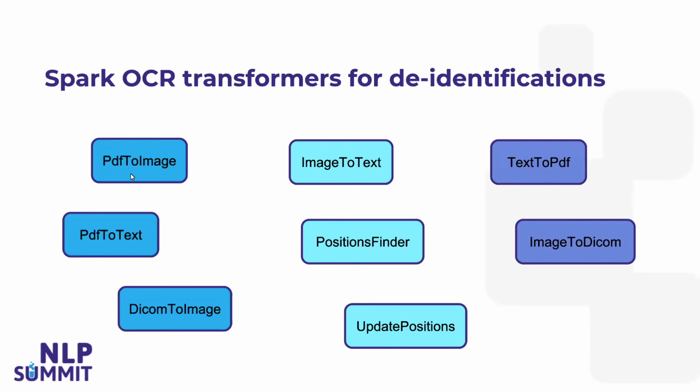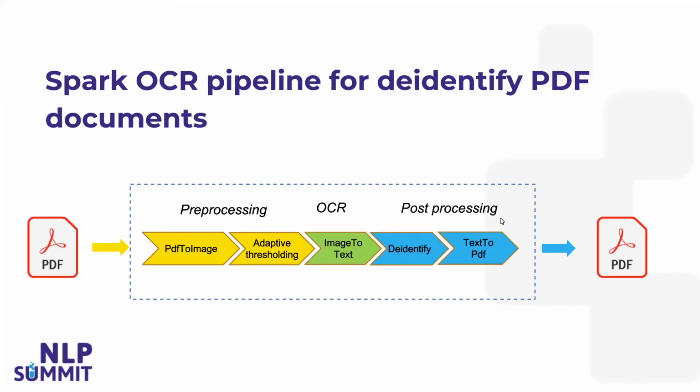So we have PDF to image, PDF to text, DICOM to image, and image to text for recognizing text. Then positions finder and update positions are utility transformers for de-identification, and text to PDF and image to DICOM are for storing back.